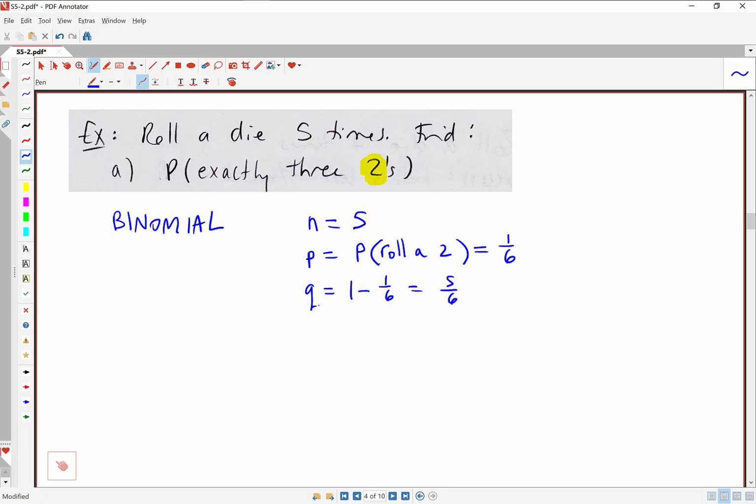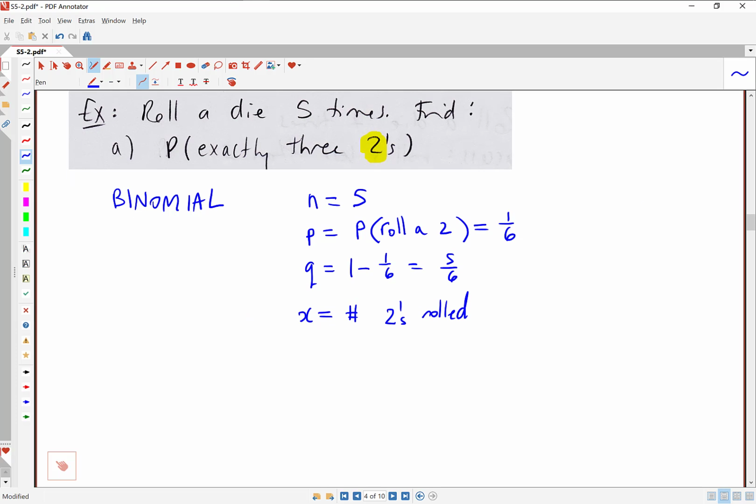Okay, so now we've got our numbers, N, P, and Q, that we're going to use for the problem. I also find it helpful to write down what X represents. So in general, X represents the number of successes, and what a success is going to vary depending on the problem. So we've said in this problem, what we're considering to be a success is rolling a 2. So let's say X is the number of 2s that are rolled.